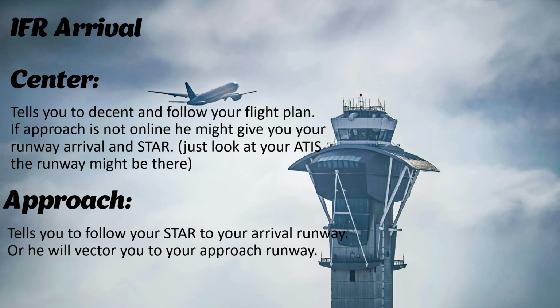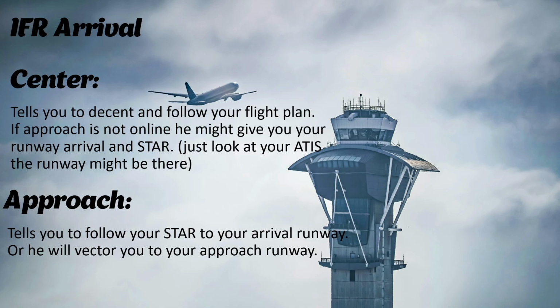If he didn't say your expected runway, just look at your ATIS on IVAO. I'll show it to you in a few minutes. There will be an ATIS report saying which runways are used for arrival and departure. Approach tells you to follow your STAR, or he will vector you to your approach runway.